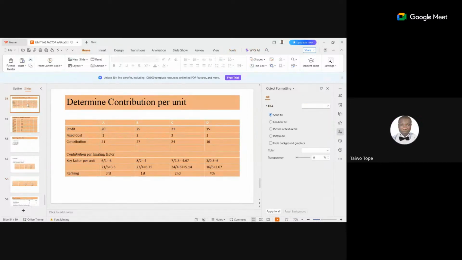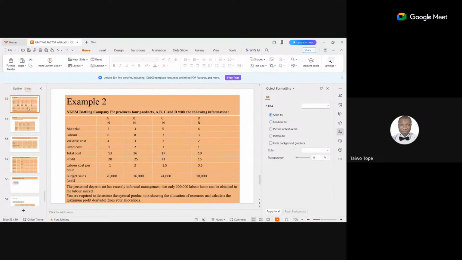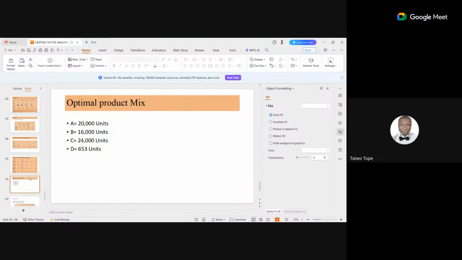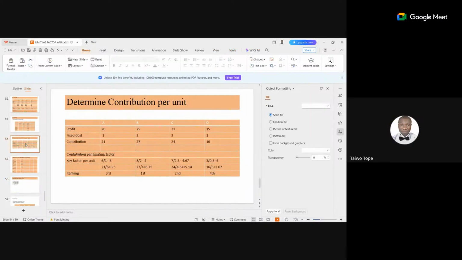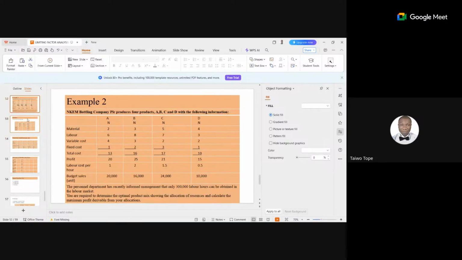Now, let me explain that. The units we produced was actually how many? 653, right? Units, isn't it for D? Yes. Fixed costs are costs that do not change with output. Take note, please.